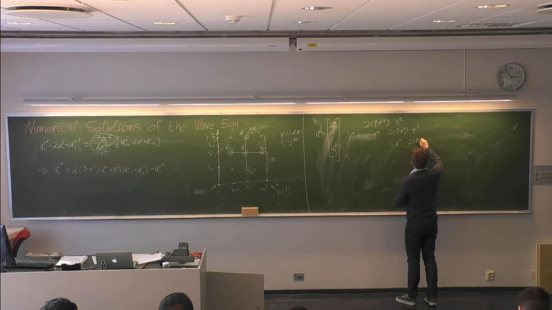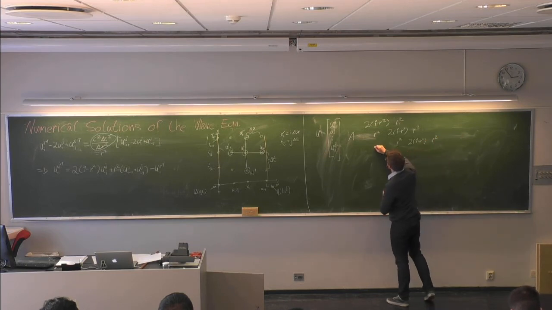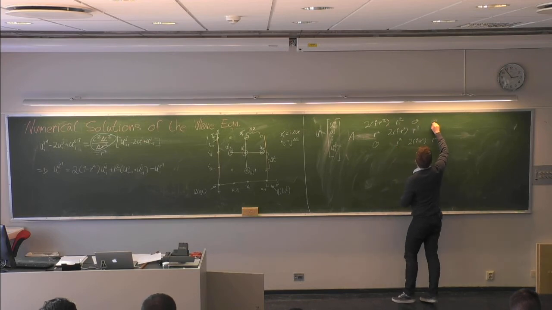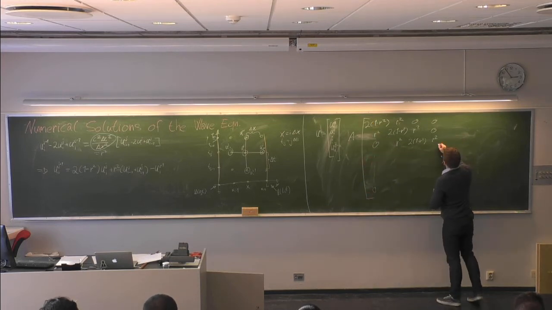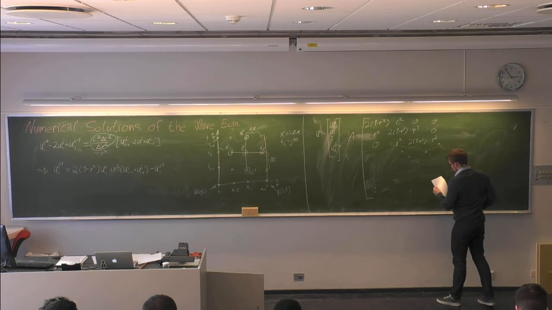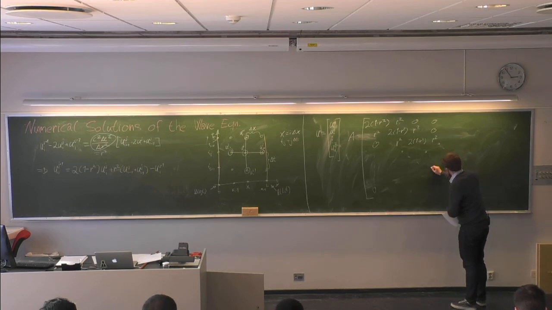2(1 − r²), r², 0, 0, 0, 0, and this 0 down there. See, 2(1 − r²), r².